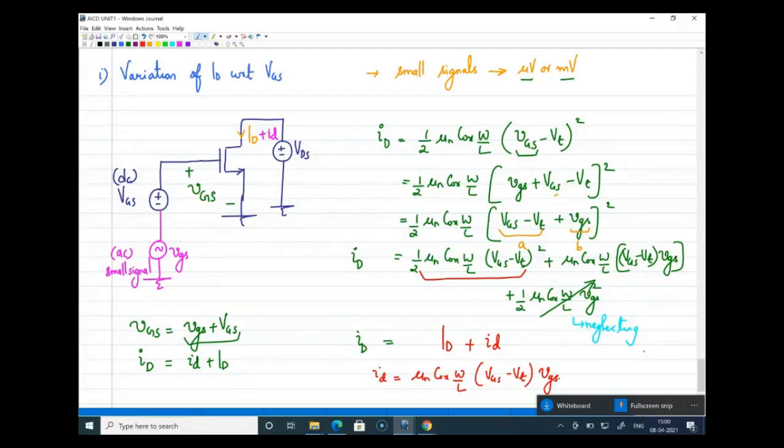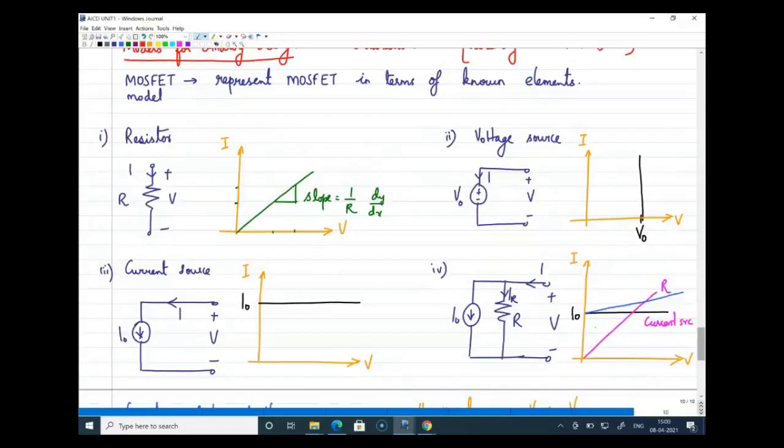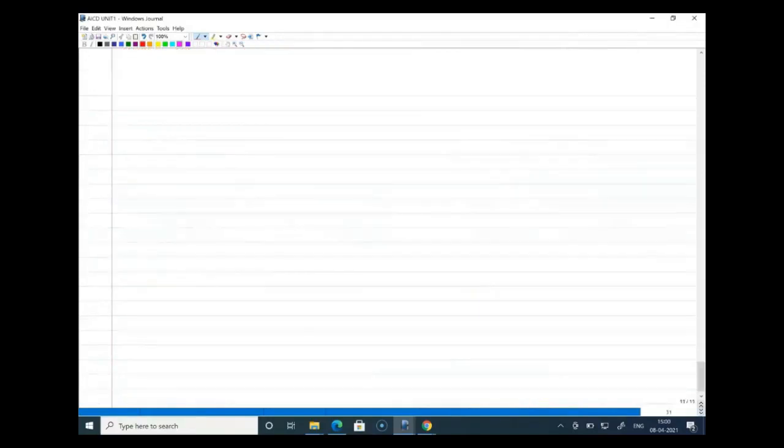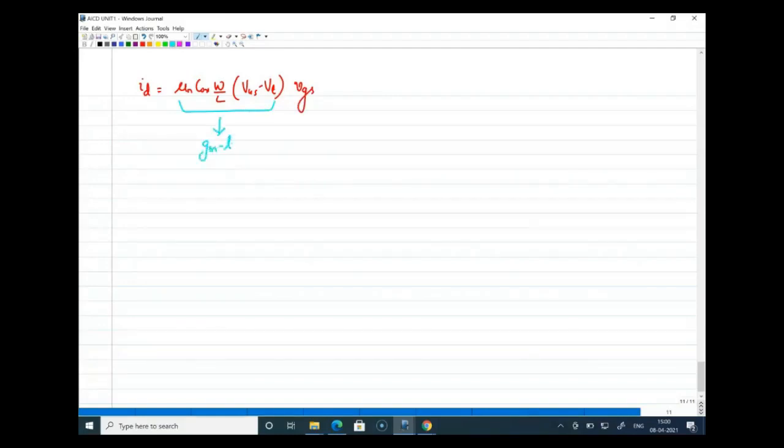Now, this is the relation between small id and small vgs, or the small signal current and small signal voltage. And we call this term, the mu n Cox W by L (VGS minus VT) term, transconductance or gm.